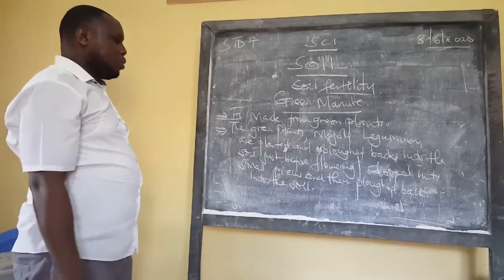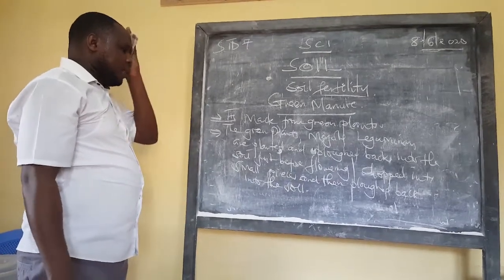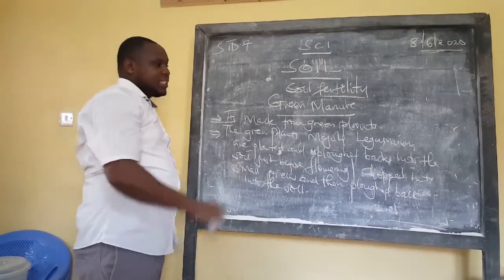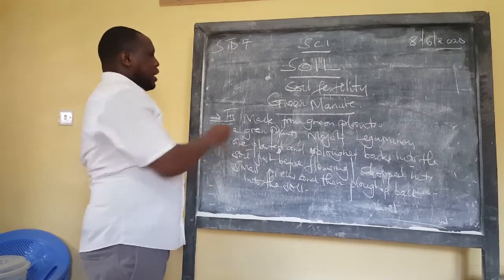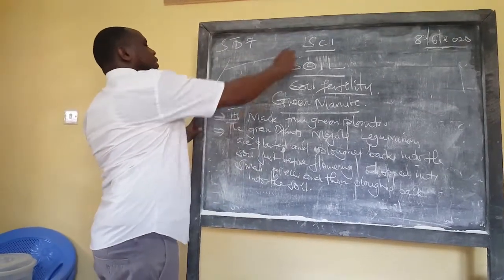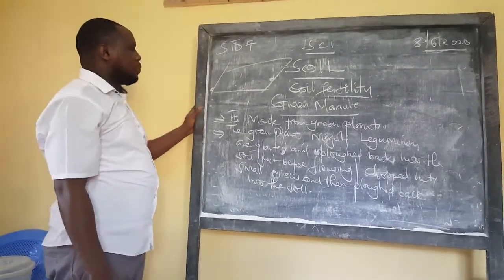I've put two ways of preparing that in one sentence. Number one, what are we talking about? We are talking about the plant. I want to say how it is prepared here.